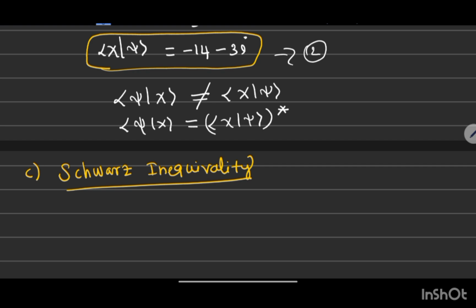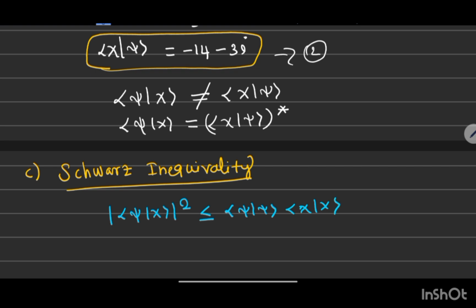Any two state vectors from the Hilbert space will satisfy the Schwarz inequality, which says that the mod square of the inner product of psi with chi is always less than or equal to the product of the inner product of psi with psi and the inner product of chi with chi.